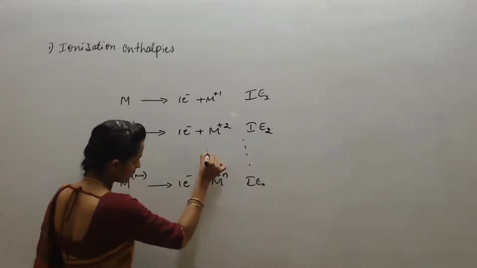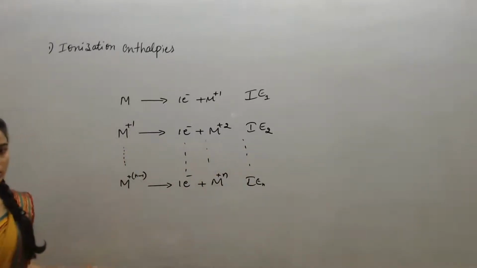These are the successive ionization energies.